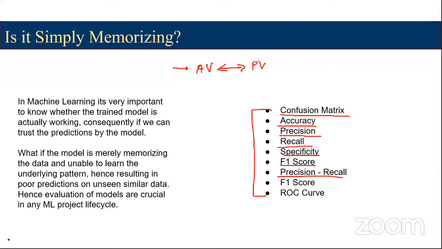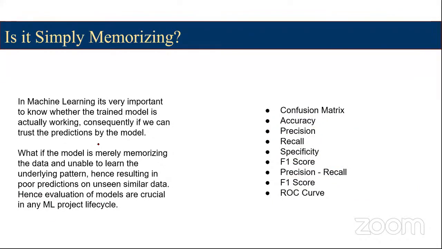But then quickly let me talk about this confusion matrix. So what is a confusion matrix? This is something which we can use for evaluation. Okay.